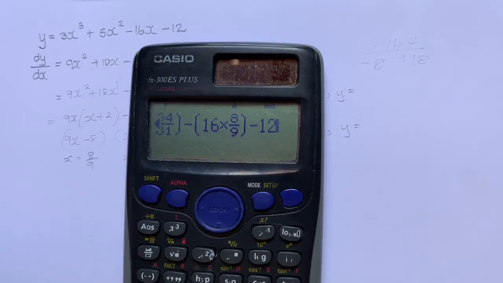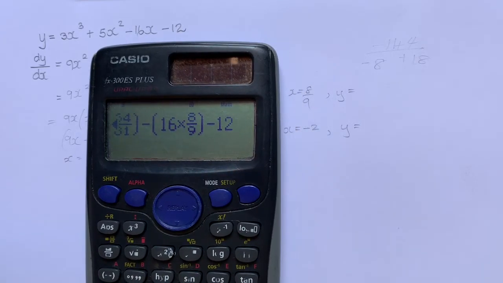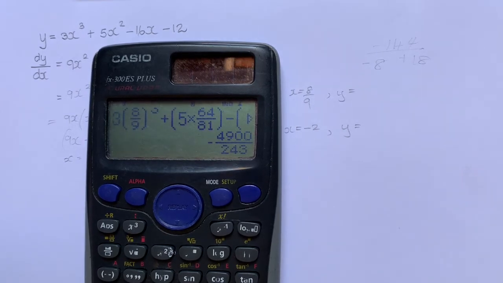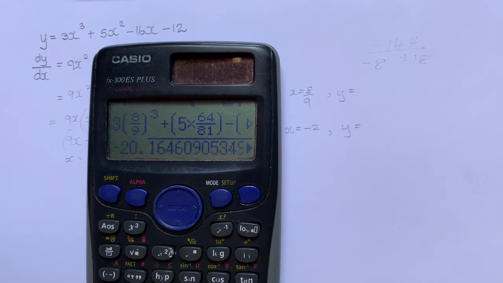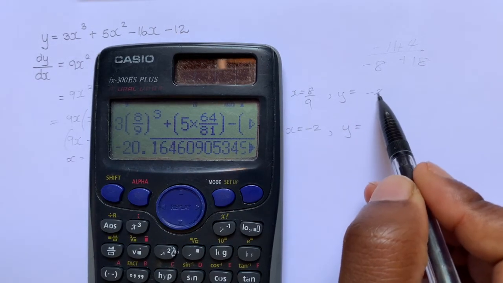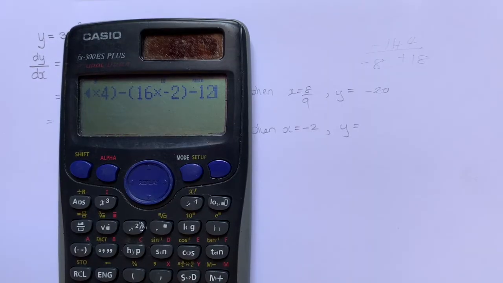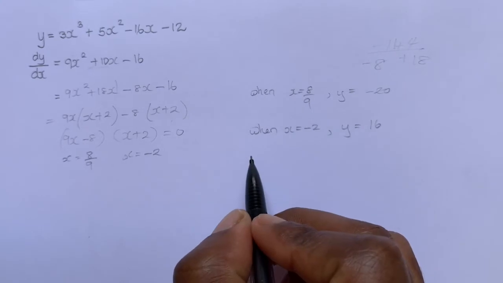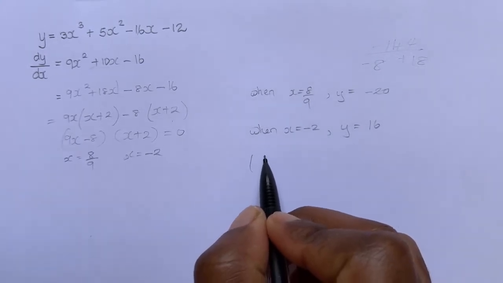When 8/9 is plugged in place of x in our y function, we get approximately -20.16. We're going to put -20. And when -2 is plugged in place of x in our y function, we end up with 16 as our y.